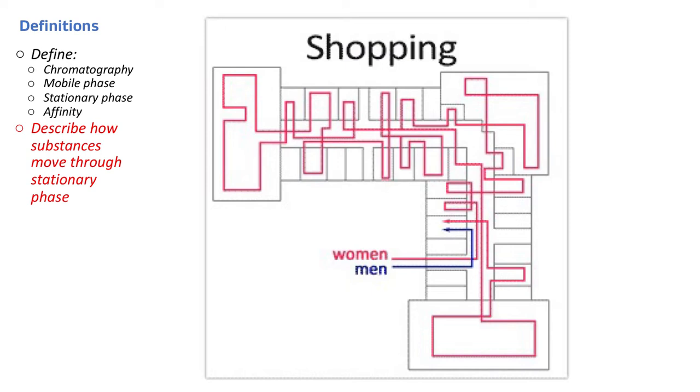The woman sticks to the stationary phases, which are the shops, spends a lot of time in there and therefore moves through the shopping trip very slowly, whereas the man only sticks to it once and then goes straight through, doesn't spend much time stuck to the stationary phase and moves through it reasonably quickly. But that's a bad example.